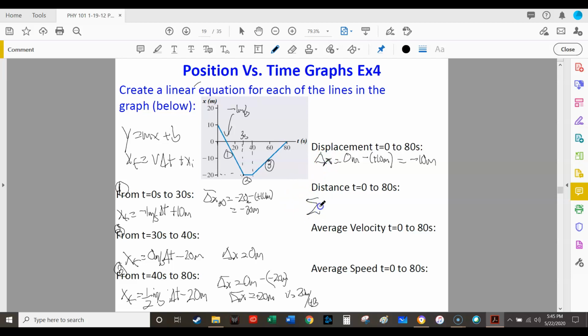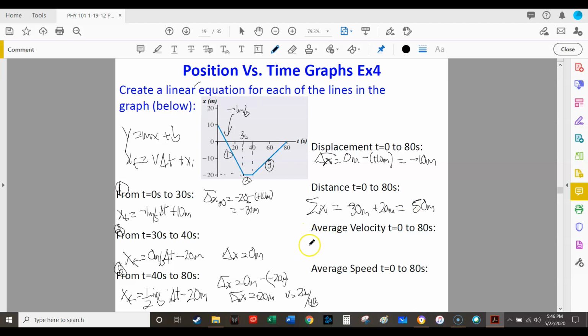The sum of the distance traveled, not the displacement, but the distance traveled, is it traveled 30 meters to the left, and then 20 meters back to the right. It is going to be a total of 50 meters. I'm not putting a positive or negative because distance doesn't have that. It's whatever's on the odometer of your car, right?